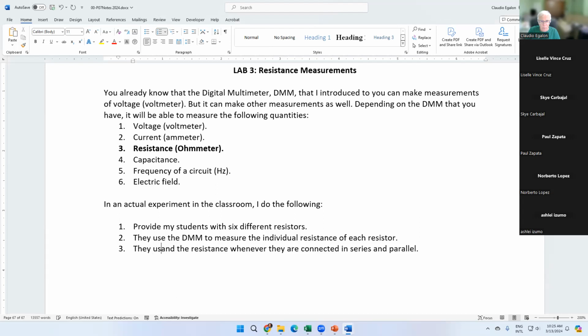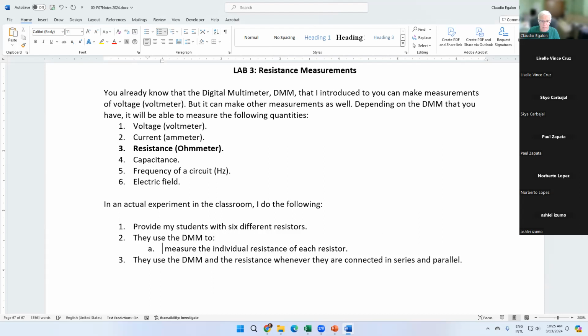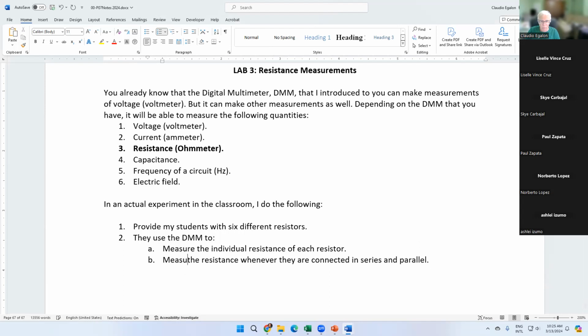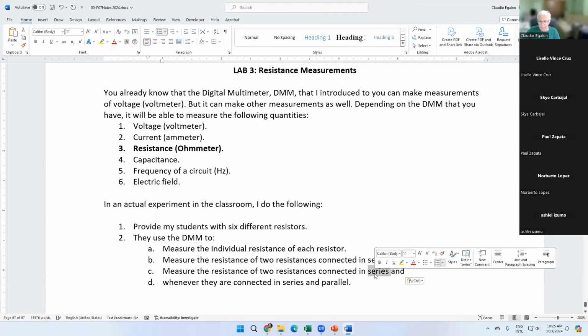Then, measure the resistance of 2 resistors connected in series. And 3, measure the resistance of 2 resistors connected in parallel. So that's what we are going to do.